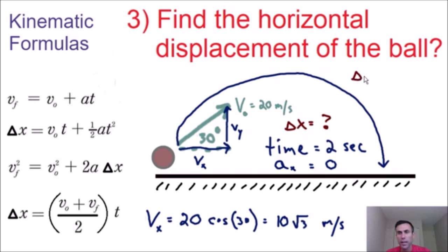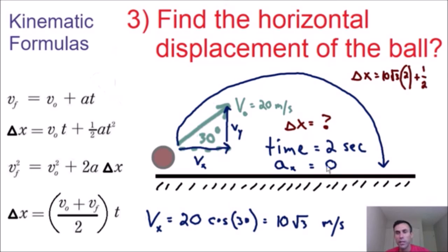We know that delta x is equal to our initial velocity in the x direction, which is equal to 10 times the square root of 3, multiplied by our time of 2 seconds. So I'm going to multiply this times 2, plus 1/2 acceleration times time squared. So plus 1/2.